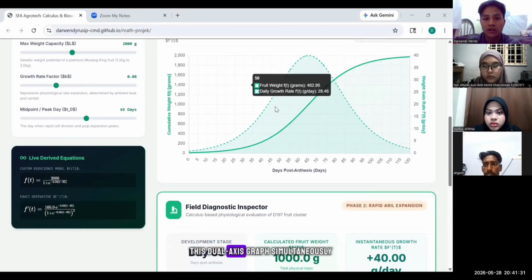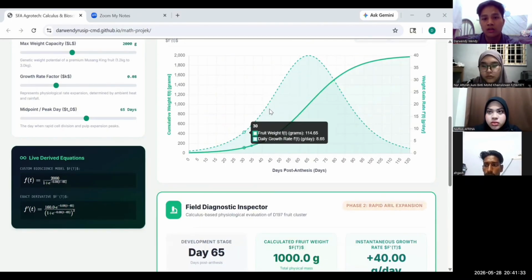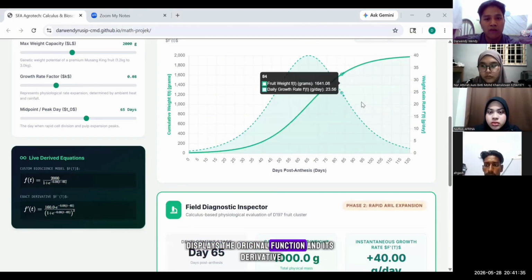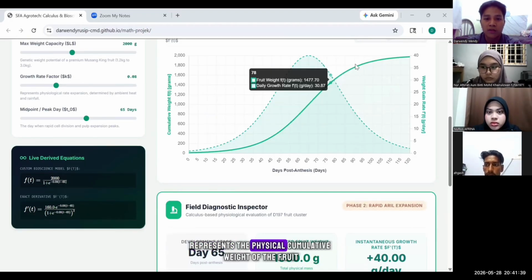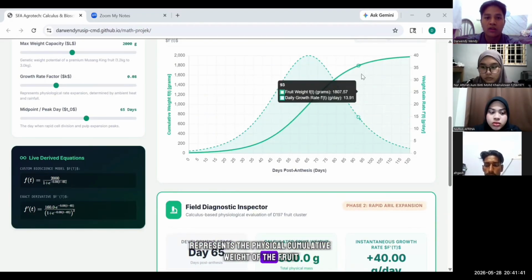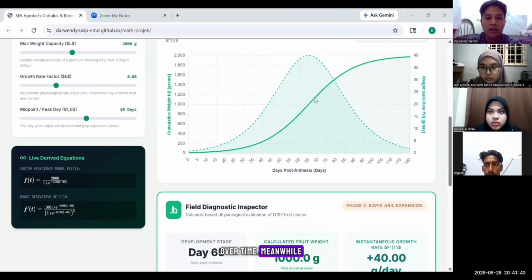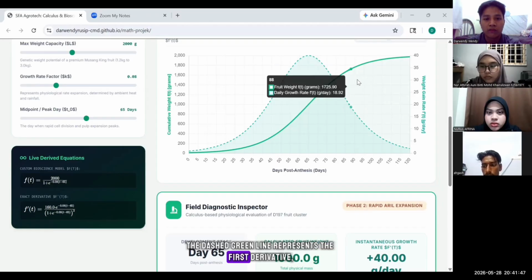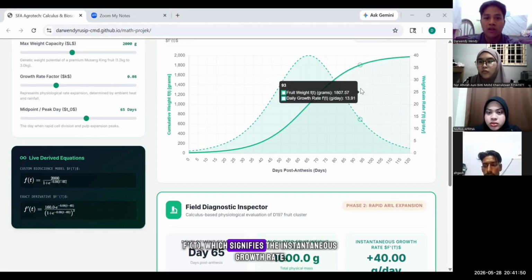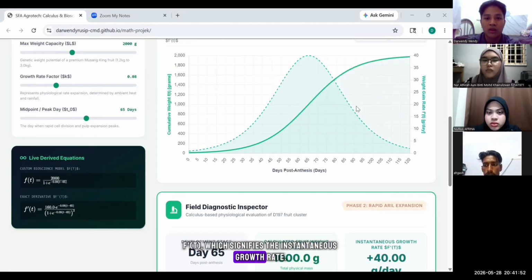This dual-axis graph simultaneously displays the original function and its derivative. The solid green line represents the physical cumulative weight of the fruit over time. Meanwhile, the dashed green line represents the first derivative f prime of t, which signifies the instantaneous growth rate.